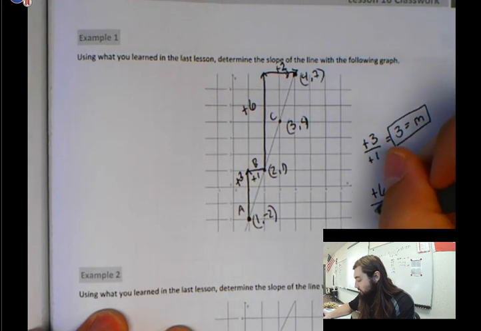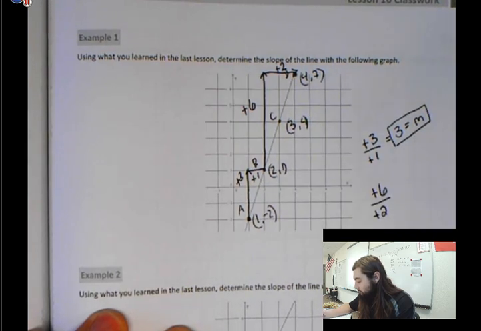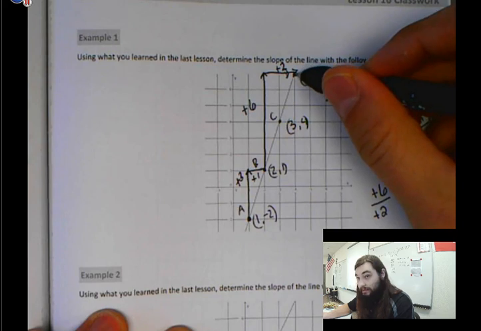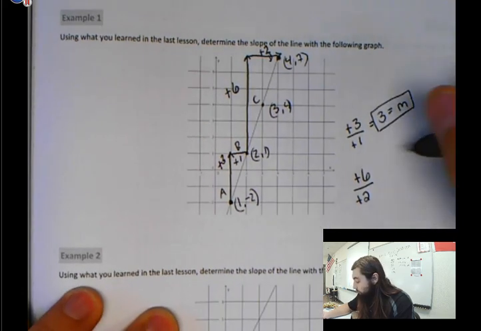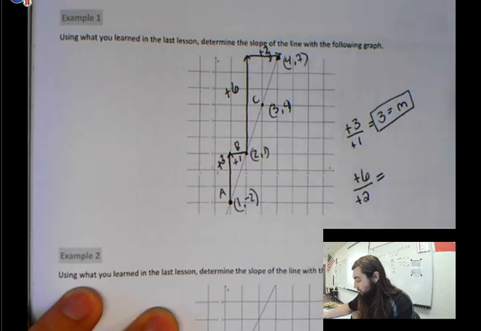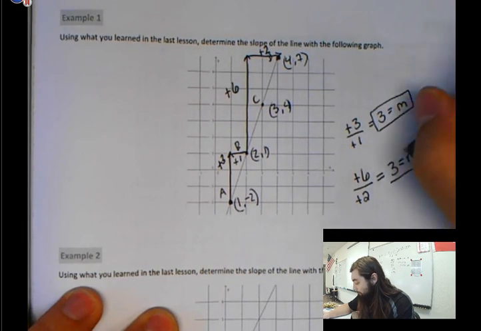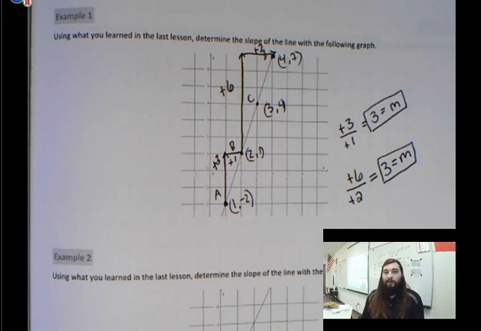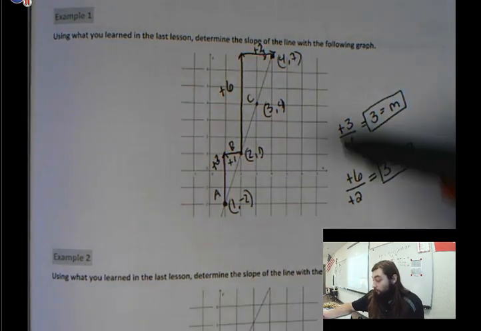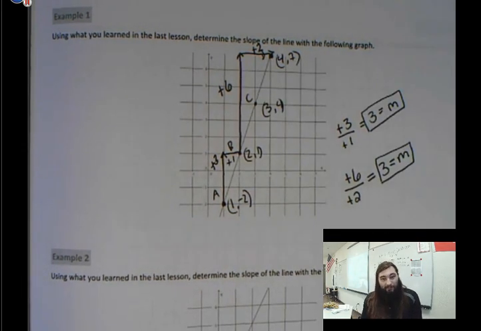My change horizontally is going to the right 2 to get from point B to point D up here. And when we do that, I get 6 divided by 2. 6 divided by 2 is also 3. Alright, so either way, I could use any point. I could go from point A to C, and guess what? I'm going to get some value of 3. That's just how it's going to work. That's how we find the slope. Okay, so we got a slope of 3 for that one.